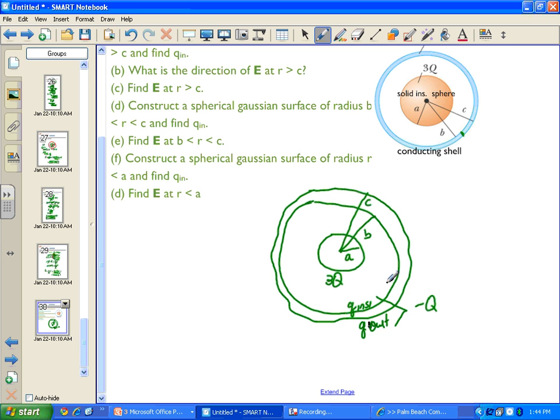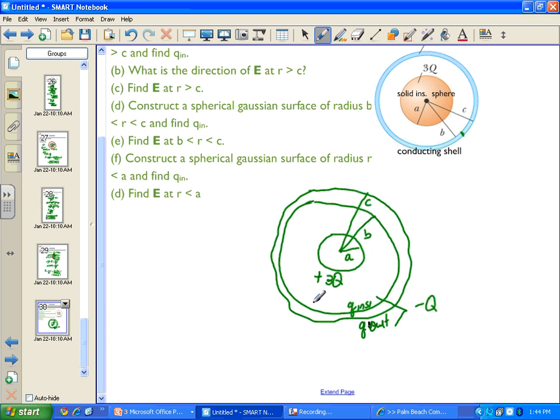Well, what is going to happen here is that because there is positive 3Q sitting very close to the inner surface, and this is a conducting material, the charges on the surface can experience charge polarization.